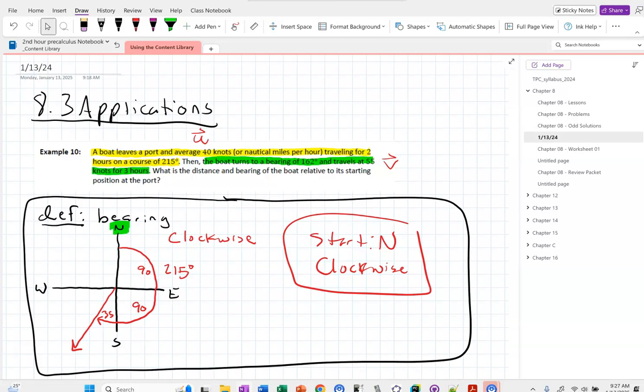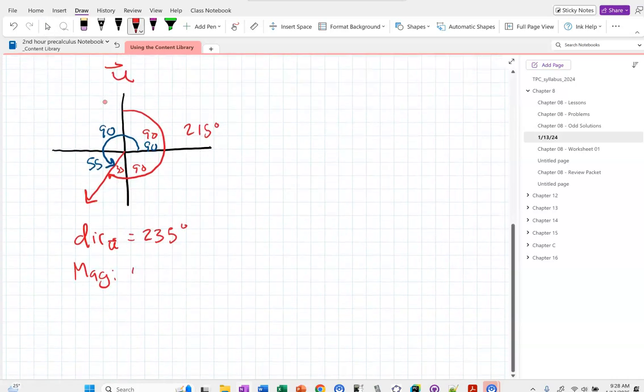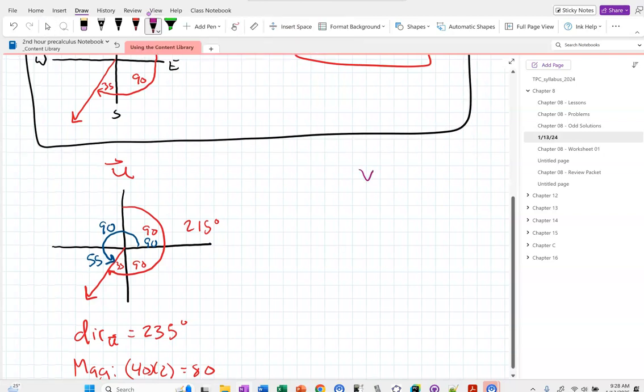How far did we end up going? 80, right? 40 miles per hour for 2 hours is 80 miles. Everybody agree? Okay. So far, so good.